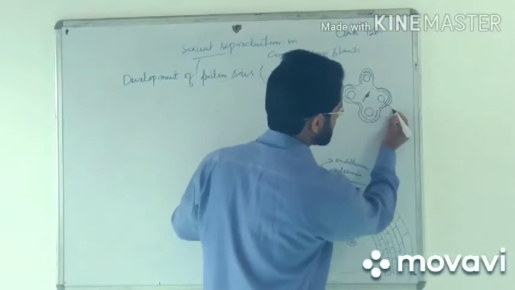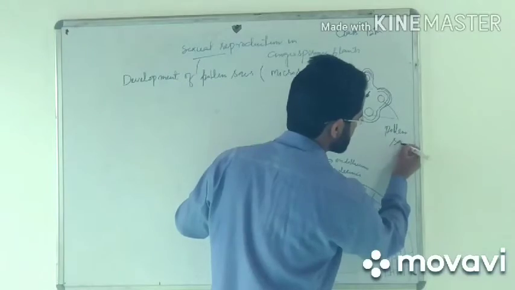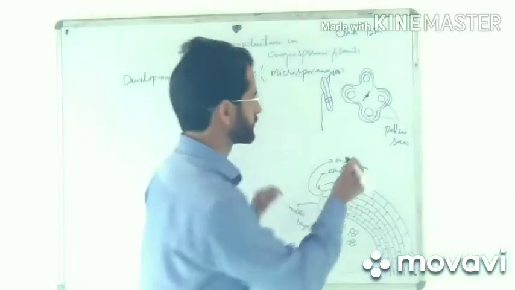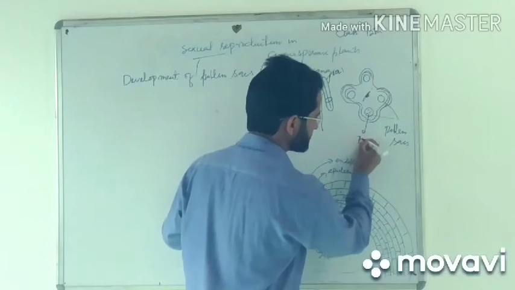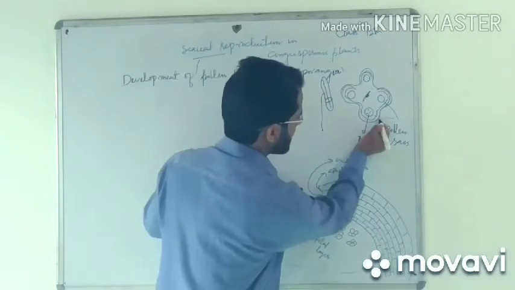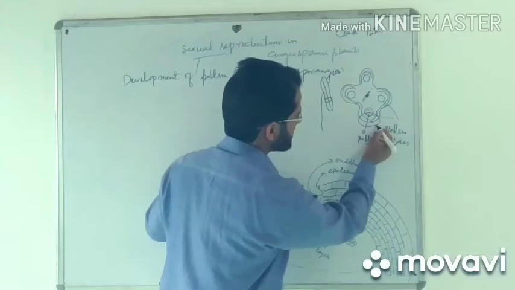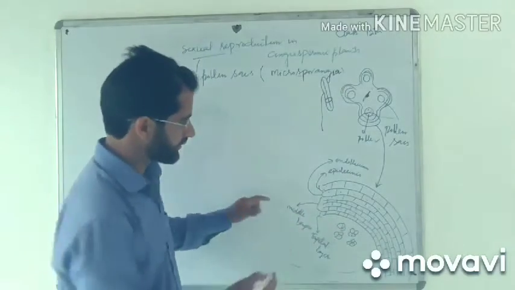These sacs are known as pollen sacs. Within these pollen sacs are grains which are known as pollen grains. If we magnify this portion of the anther, it will appear like this, right?